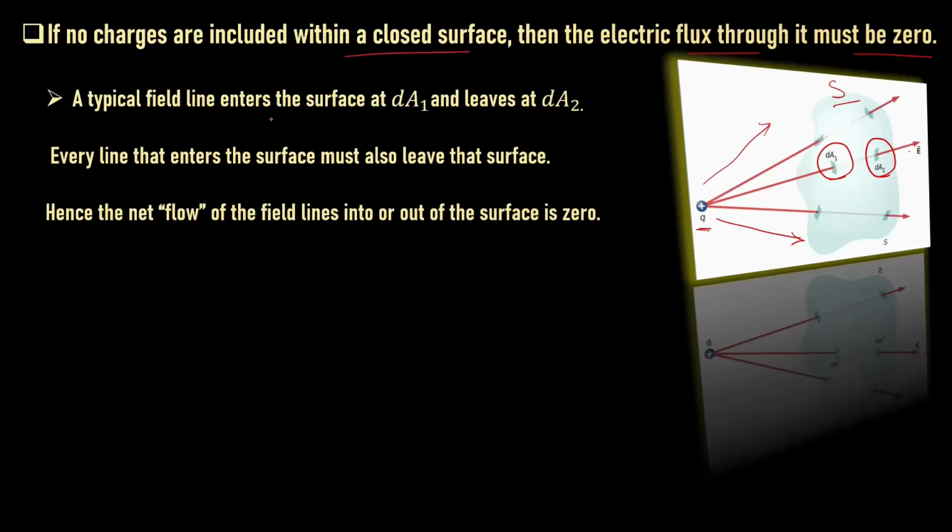That is, a typical field line that enters the surface at dA1 leaves at dA2. Every line that enters the surface must also leave that surface. Hence, the net flow of field lines into or out of the surface is zero. Whatever field lines enter one area element of the surface leave through another area element of the same surface.